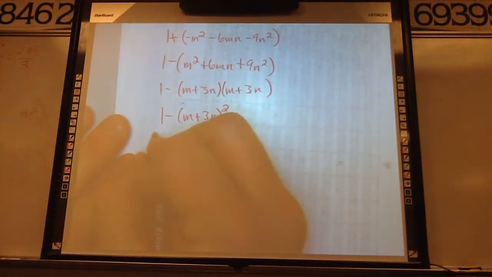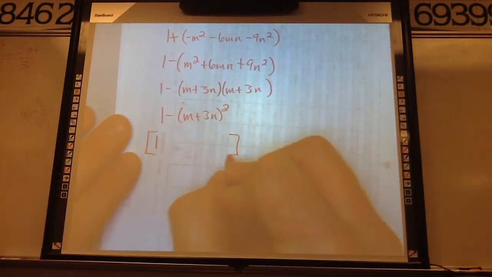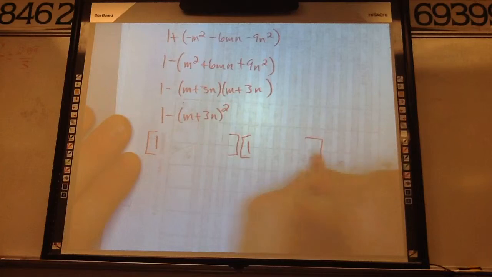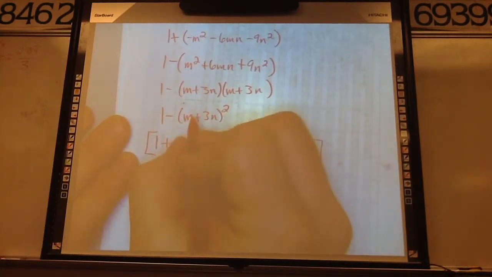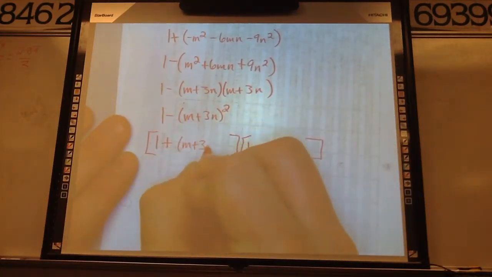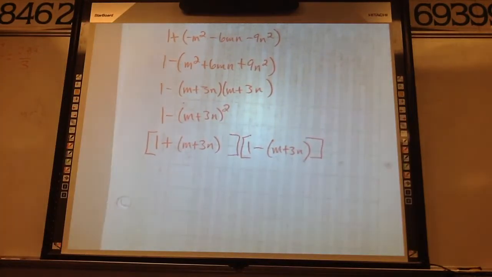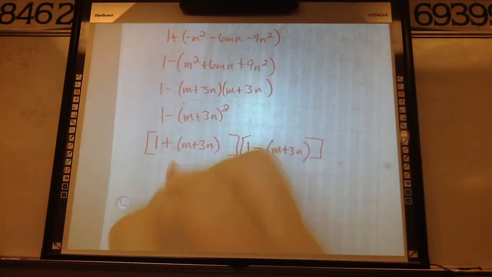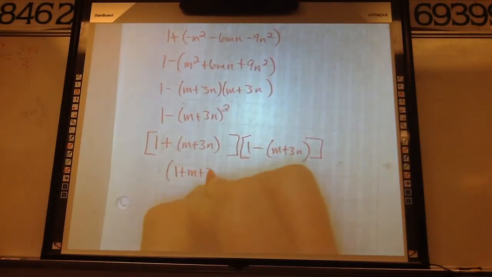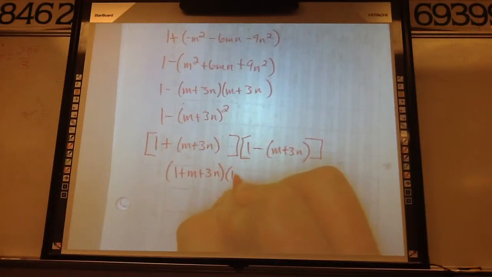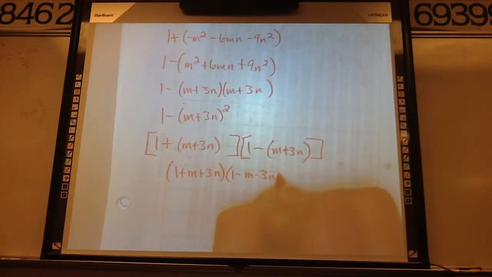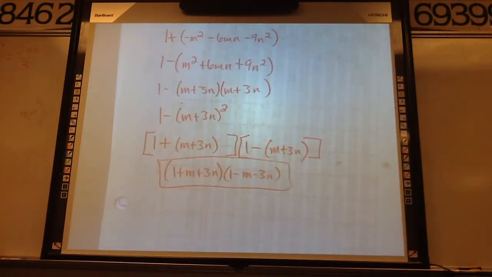You would do brackets 1 plus m plus 3n and 1 minus m plus 3n. Right. And there's your answer. Or I guess you could go 1 plus m plus 3n, 1 minus m minus 3n. There's your final answer.